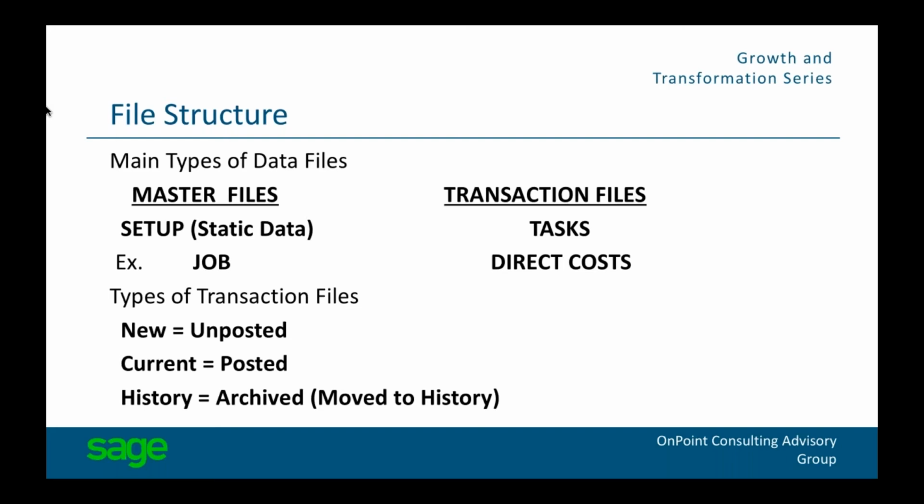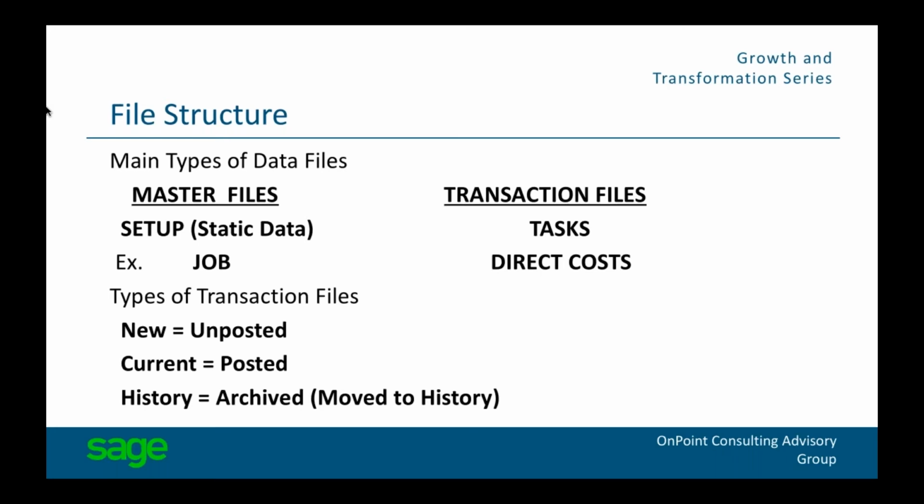It accumulates everything that is not posted in there. Once you do a task post entries, then whatever it can post, it will move into the current file. So there, it's everything posted, and it's hit the job master file and updated the information that's in there.